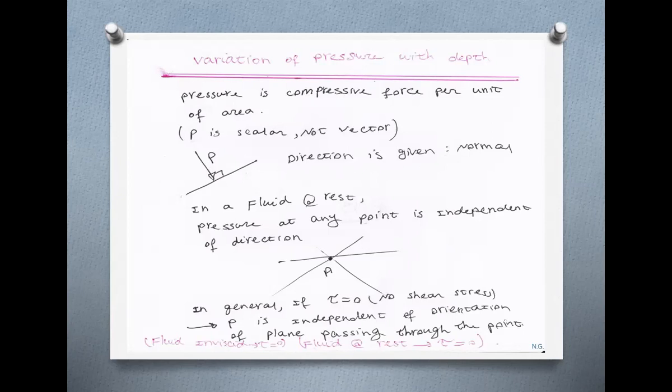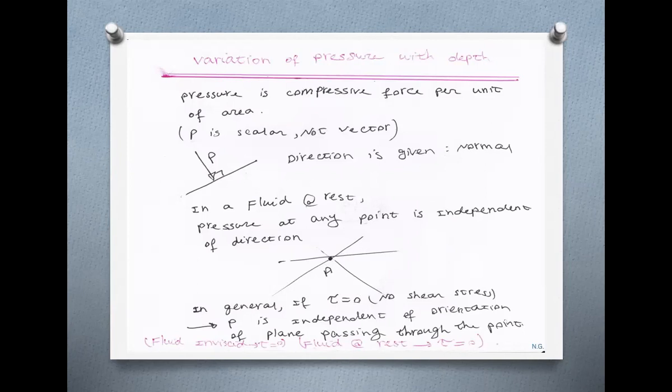These are pressures at point A when you pass through different surfaces from A. If you pass through this surface from A, then this is the pressure at A from this direction, from this direction, from this direction, and perpendicular to the board, right? When you pass through the surface which is parallel to this slide. So pressure on the front and back at A.